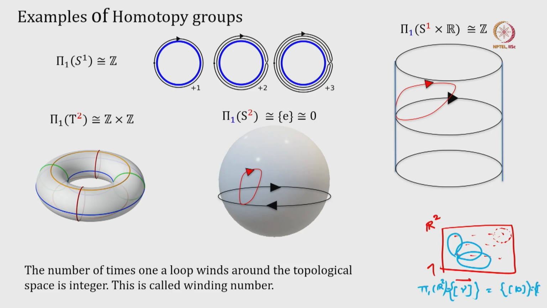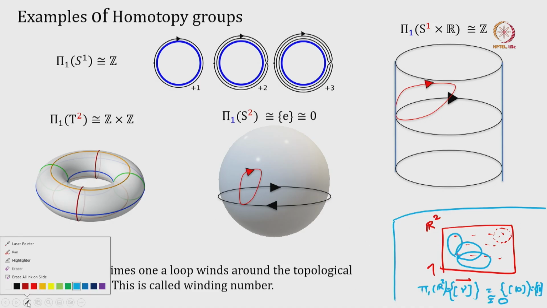This means the group has only one element, and generally we denote it by 0. So, this is a trivial topology because it does not have any non-trivial loops, just one element of this homotopy group.